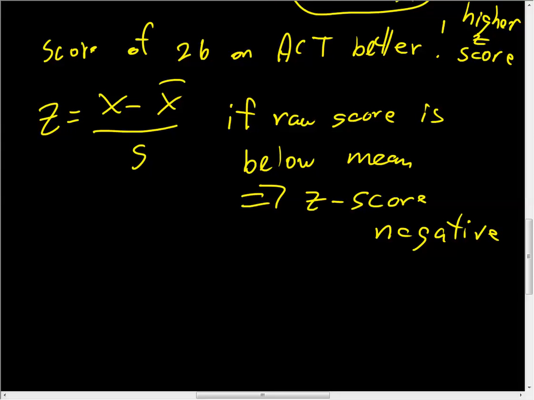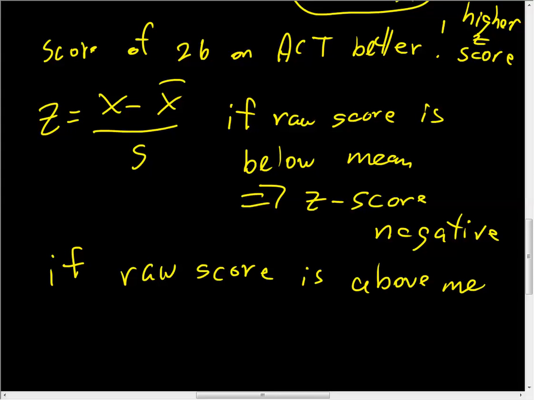Your numerator will be negative, and of course your standard deviation is always positive. Similarly, if your raw score is above the mean, that means your z-score will always be positive. Right? And there are some homework examples I'm going to assign to you that will contain examples of both.